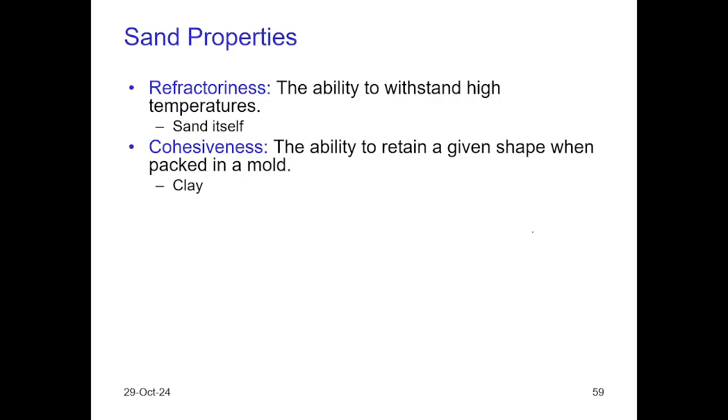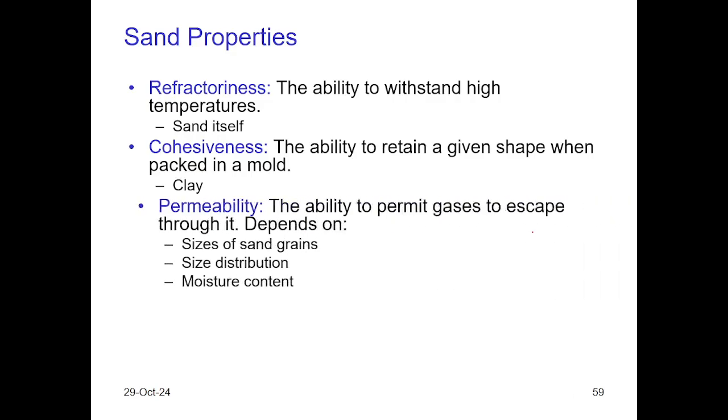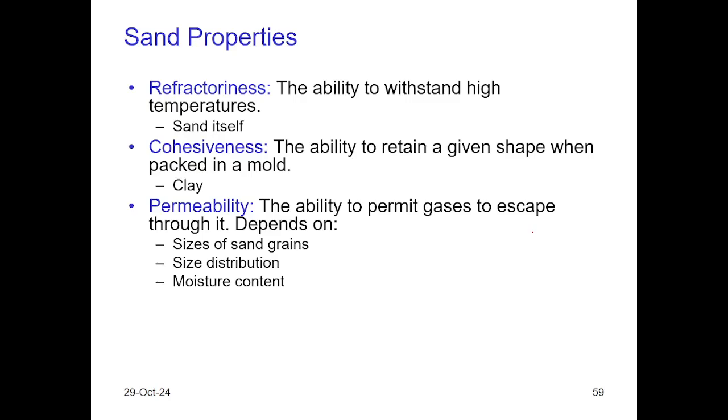Cohesiveness is satisfied using special chemicals, but in green sand molding, clay. Permeability is important. Sand particles need to be in the correct size order to have the porosity, the permeability, in the correct order.